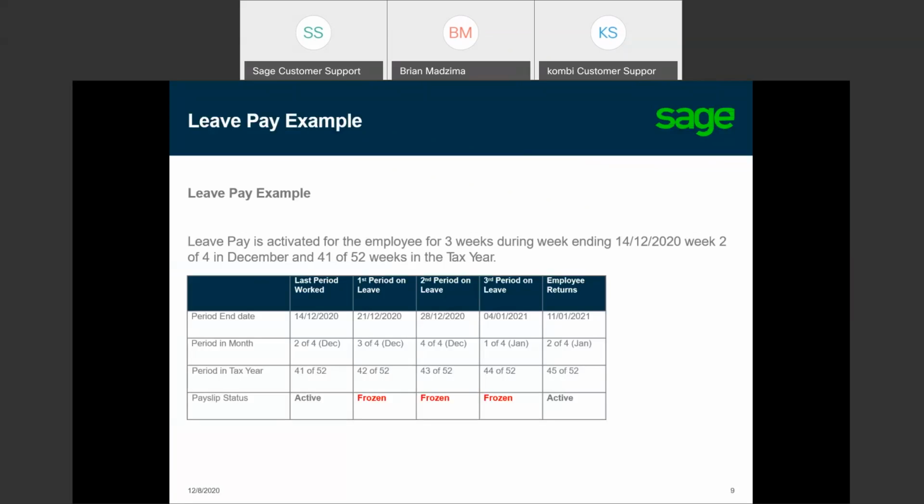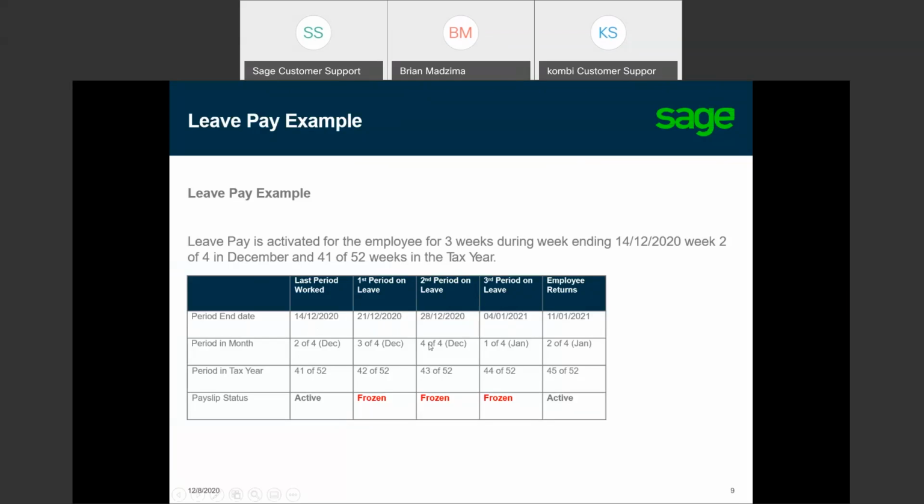So if we have a look at this diagram, we are currently in the week ending the 14th of December, and then we have leave pay periods that we want to activate for. So for the next 3 weeks, which will be the last 2 weeks of December, including the first week of January, which would therefore, let's say, be a shutdown period in our example.